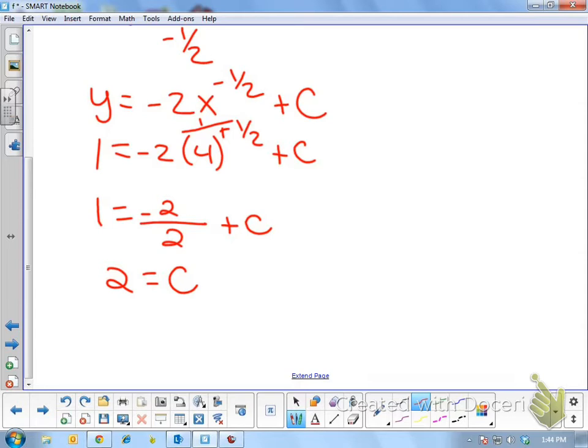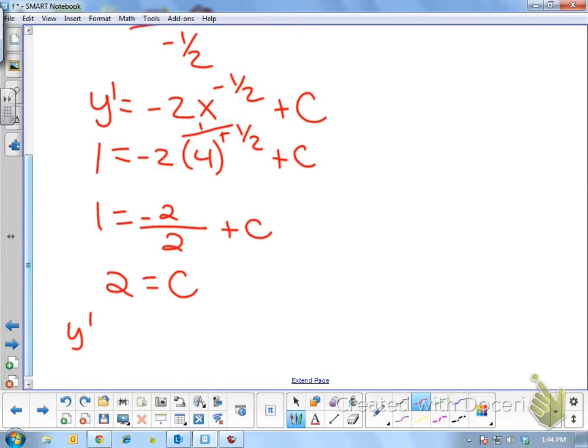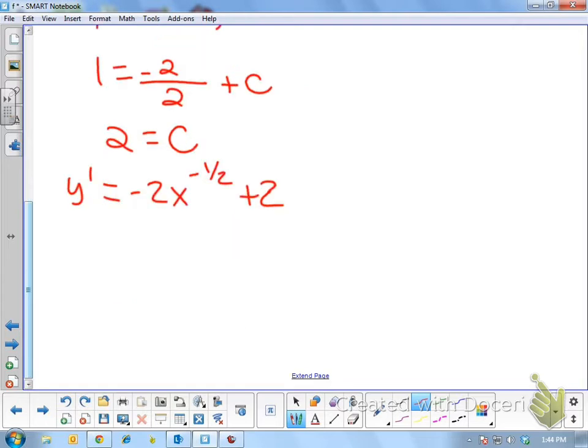Then we go and write out our new, oh, this should have been y prime equals, I apologize. Y prime equals negative 2x to the negative 1/2 plus 2. Then we integrate again to get to y. We integrate again. We get y equals, we add 1 and get positive 1/2.